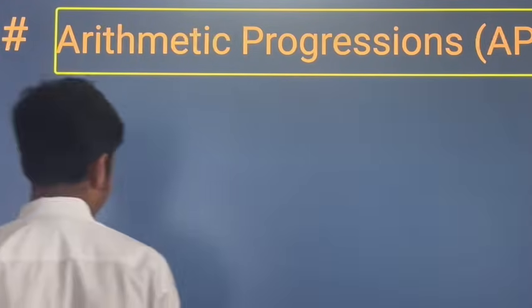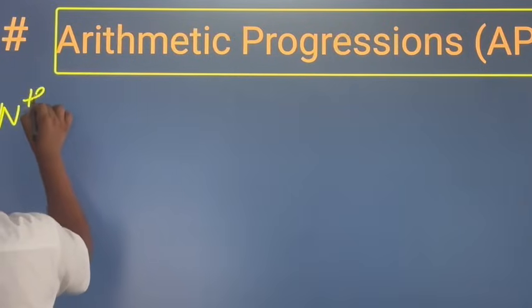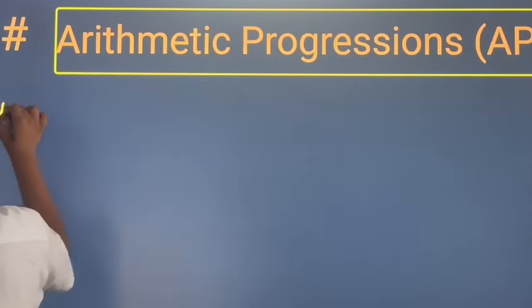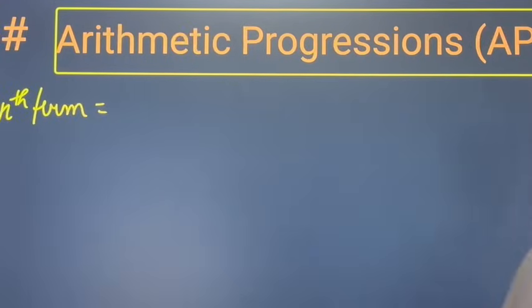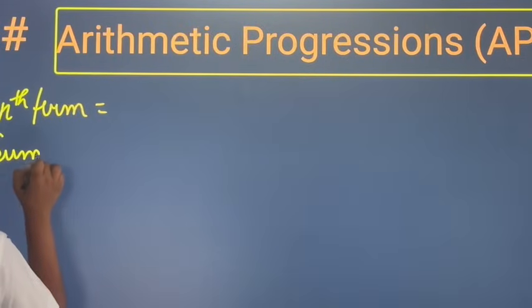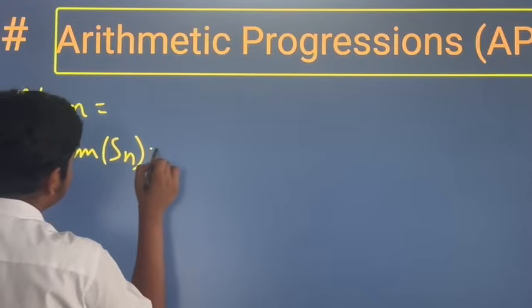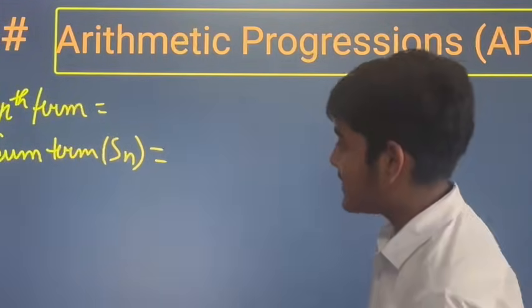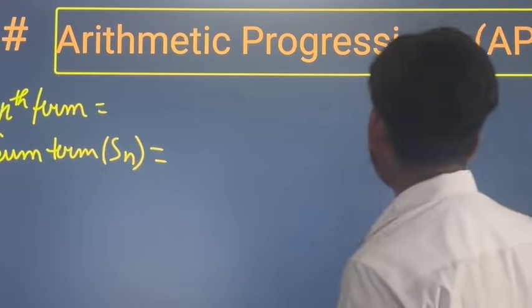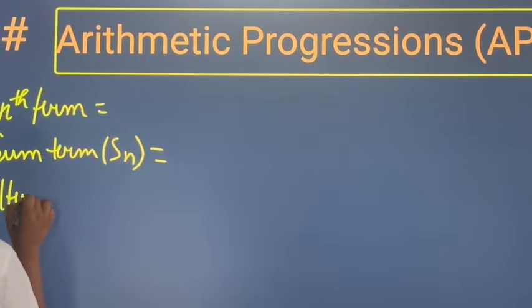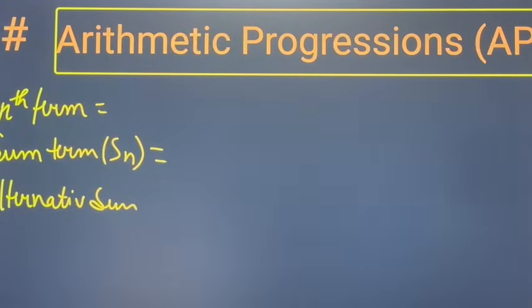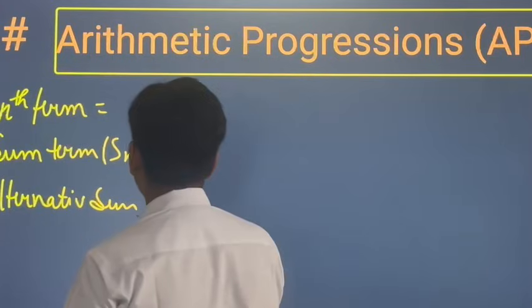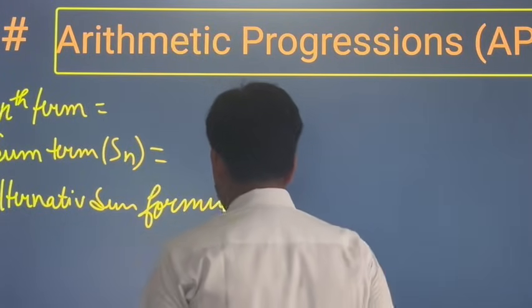So firstly in the AP, सबसे पहले हमको nth टर्म निकालनी है, उसके बाद सम टर्म Sn, और द लास्ट इज अल्टरनेट सम. ओके, हमको इसलिए निकालना है nth term, sum of terms Sn and alternative sum formula.